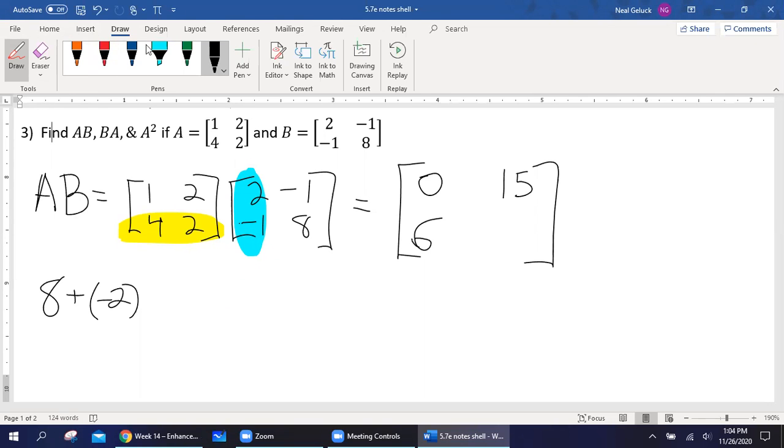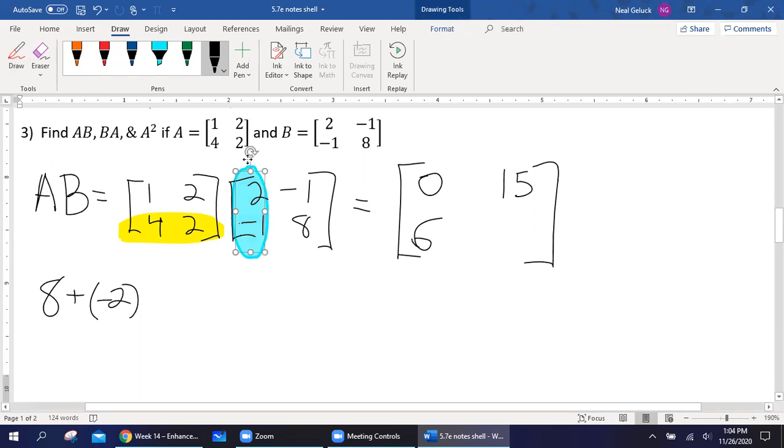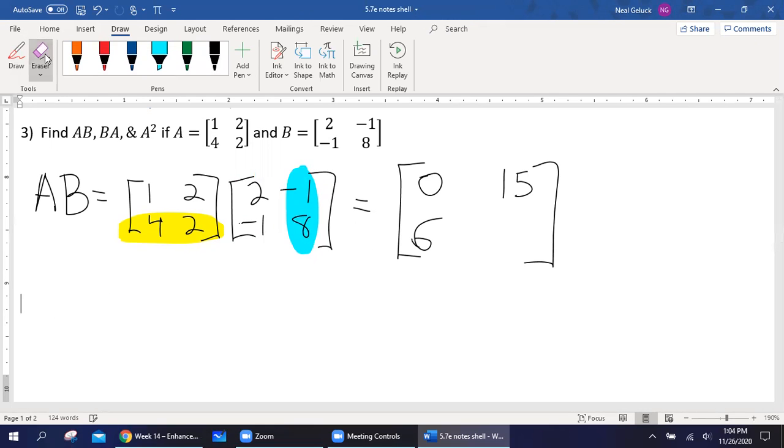I go to the next column. Remember, on the first matrix, I only use its rows. I never switch to columns on the first matrix. On the second matrix, I only use columns. I never switch over to rows. And so I'm going to have 4 times -1, -4, plus 2 times 8, 16. Add those together, 12.